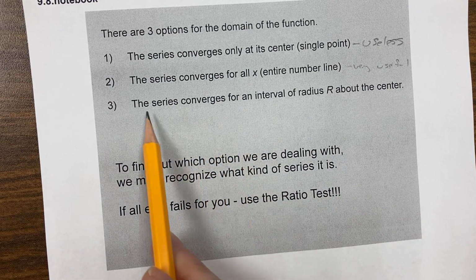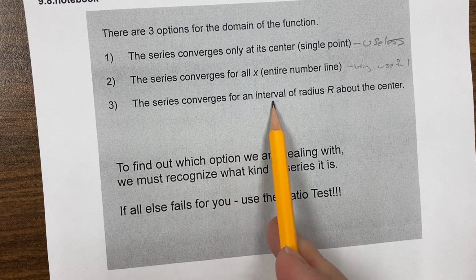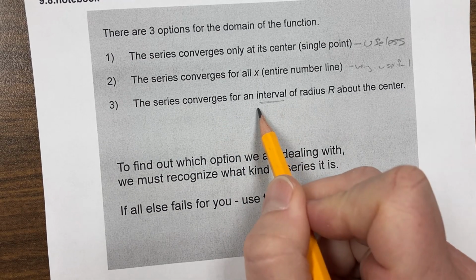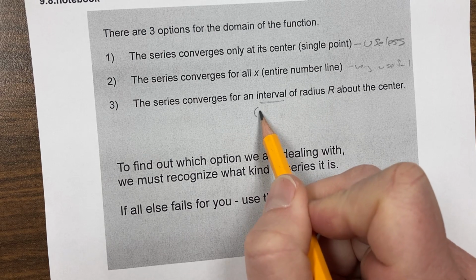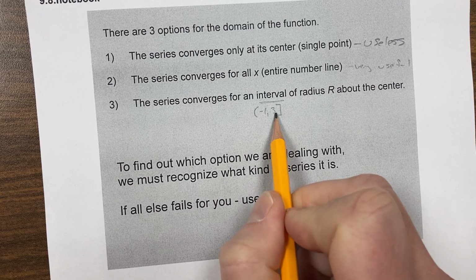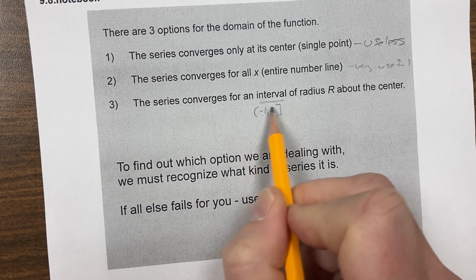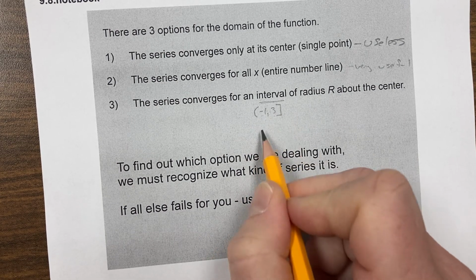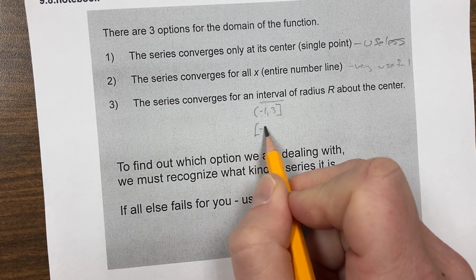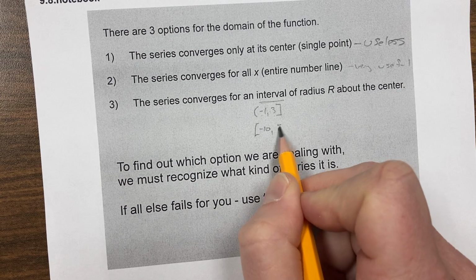But sometimes we'll get a power series where it only converges for a certain interval. So it might be from -1 to 3. And maybe it works at 3, but it doesn't work at -1. We'll talk about how that might be. Or we might have something like from -10 to 8.